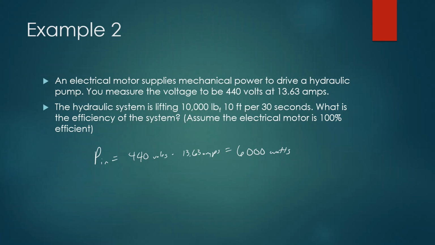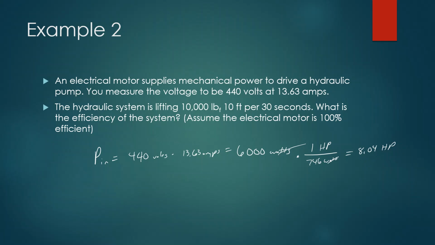To get the horsepower, there are 746 watts per horsepower. So watts cancel. Divided by 746, this is going to give us 8.04 horsepower.